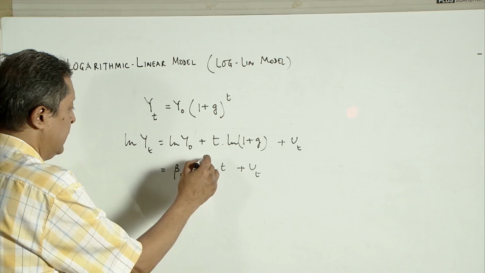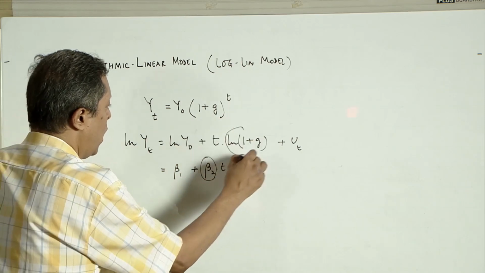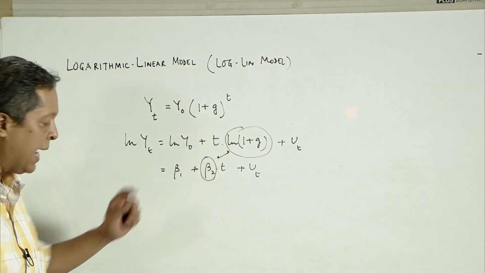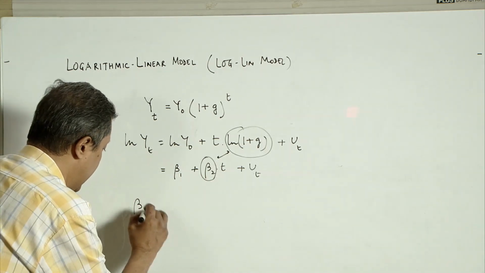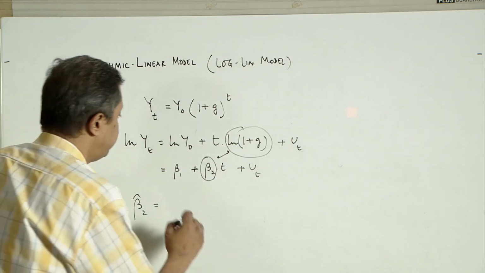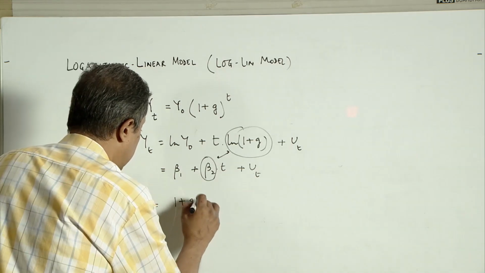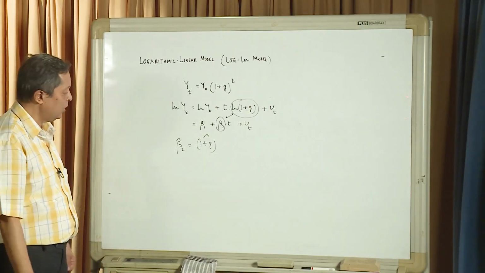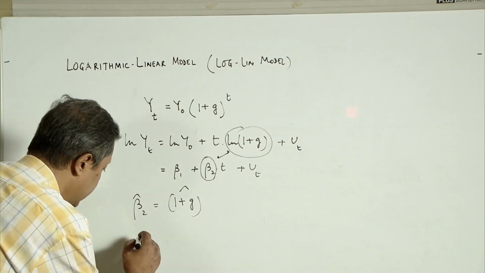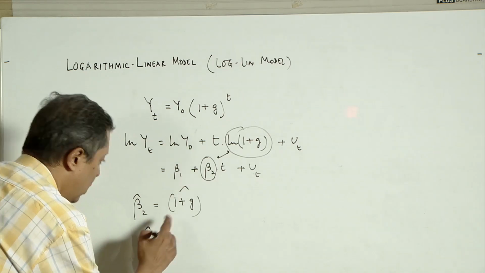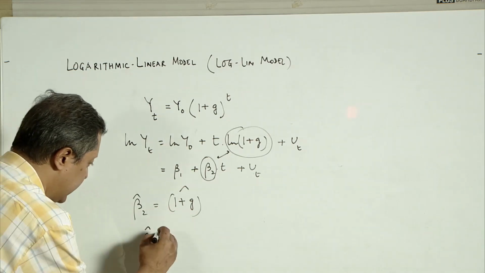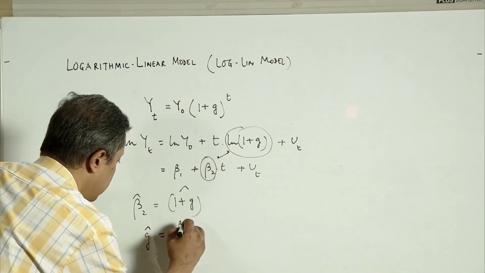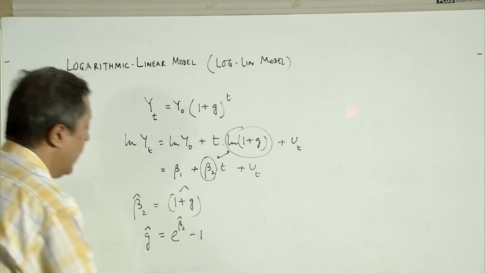But note here that beta 2 is log of 1 plus g. So, what we obtain as beta 2 hat is the estimate of log of 1 plus g hat. And since we have taken natural logarithms, what we can say is g hat, or the estimated discrete growth rate, is equal to exponential beta 2 hat minus 1.